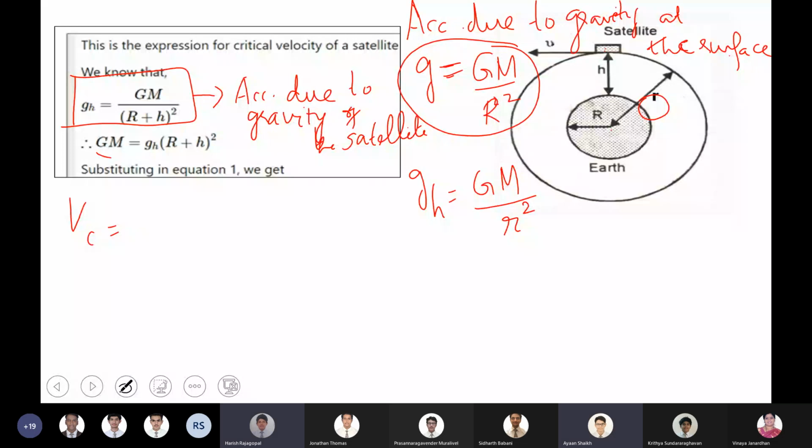Ma'am, the last thing we have to write after this is r equals R plus h. Yes, boys.